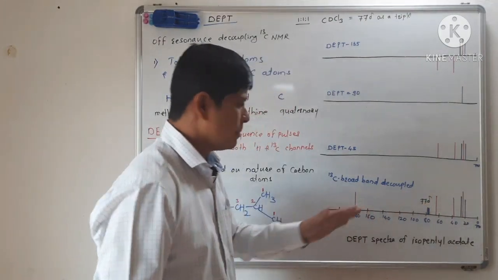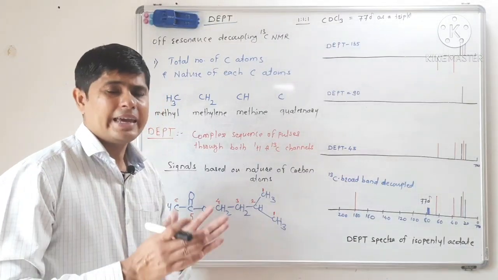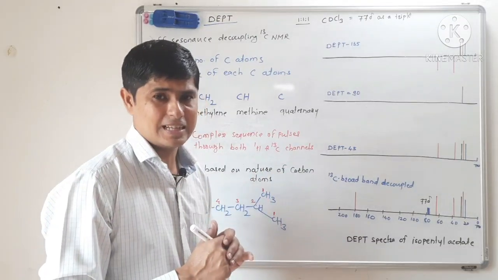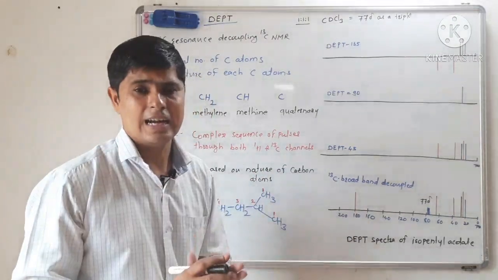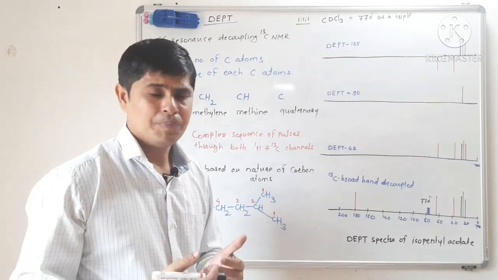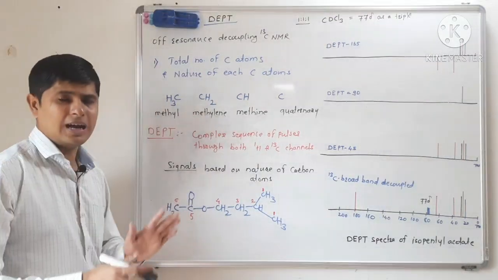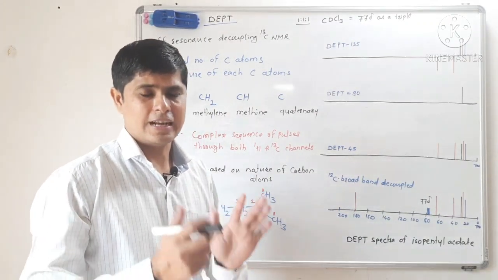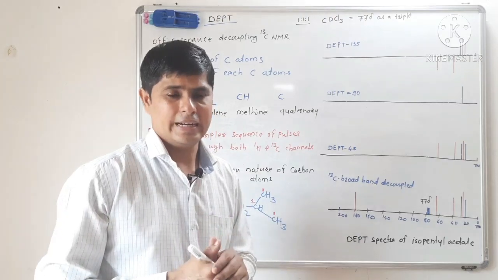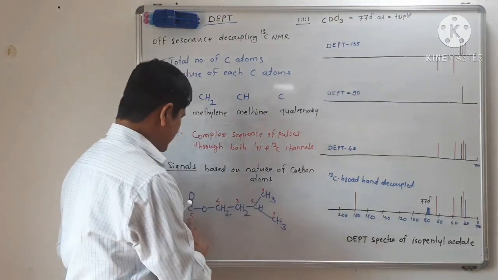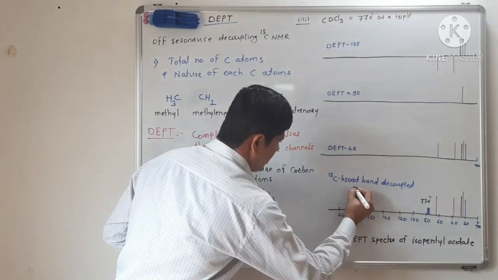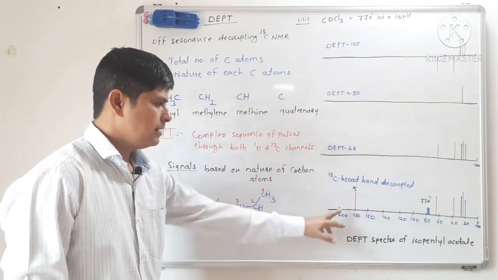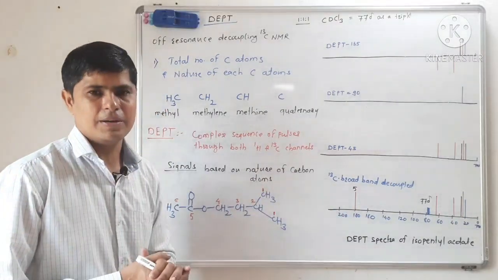By looking at this broadband decoupled carbon 13 NMR, I can assign the signal at 180 delta very easily, because the carbonyl carbon of an ester functionality comes around 180 delta. Hence I assign this signal to the carbonyl carbon, carbon number 5.